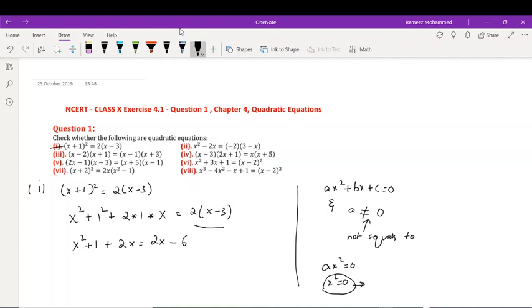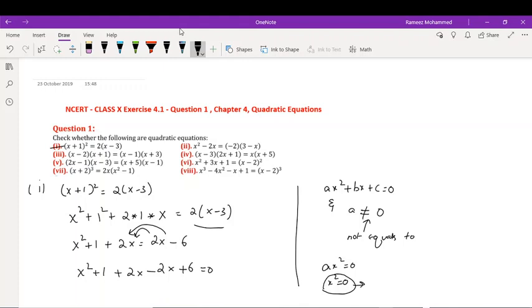So x square plus 1 plus 2x, and if I move 2x minus 6 to this side, then I get minus 2x plus 6 is equal to 0. When you move terms from one side to the other, the signs change: plus changes to minus, and minus changes to plus.